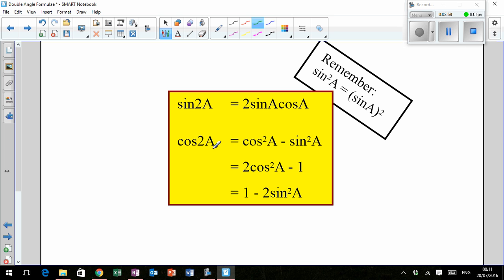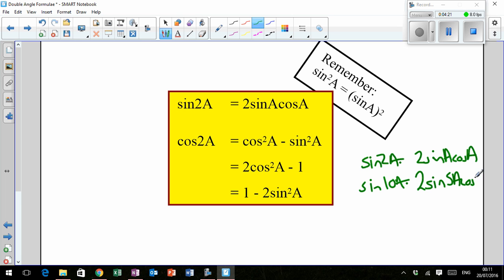So if you wanted to do sine 2a is equal to 2 sine a cos a, that's exactly the same as saying sine of 10a is equal to 2 sine 5a cos 5a. The same as saying sine 100a is equal to 2 sine 50a cos 50a, or sine 20a is equal to 2 sine 10a cos 10a, as long as this angle is double that angle.